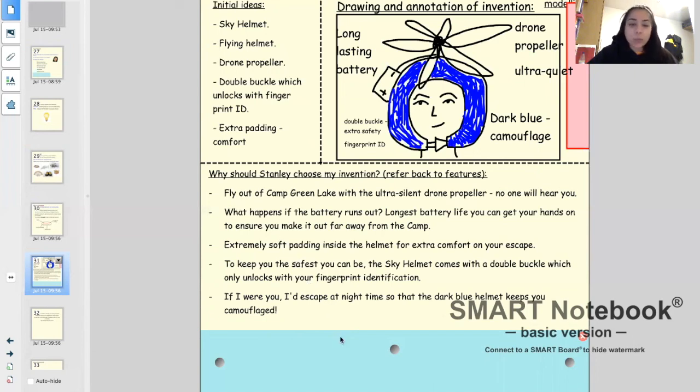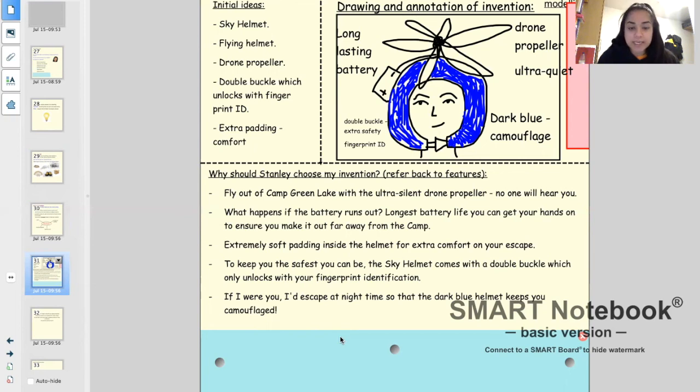So if I read this out one last time: fly out of Camp Green Lake with the ultra silent drone propeller. No one will hear you. What happens if your battery runs out? Longest battery life. So see, I wouldn't say longest battery life. That's just there to prompt my thoughts. Well, this sky helmet has the longest battery life that you can get your hands on to ensure you make it out far away from the camp.